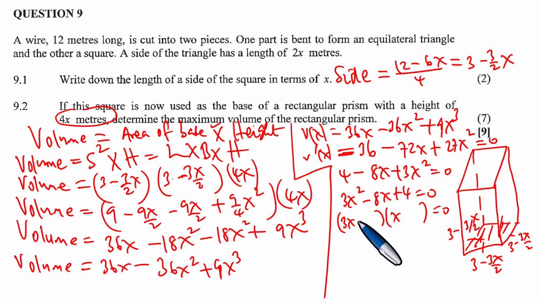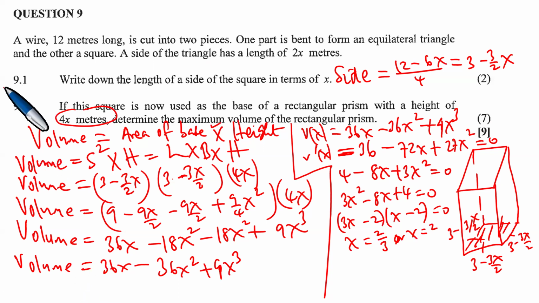And then now, what are the factors that would work here? Let's see. So it'll be minus 2. Okay, these are the factors. You can spend some time to think about them carefully, but we're able to see that x is 2/3 or x is 2. Okay, this is what we have.